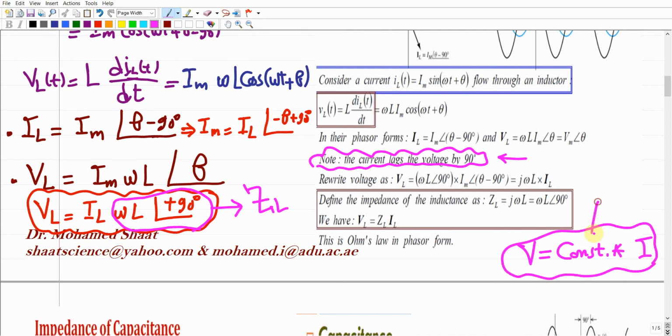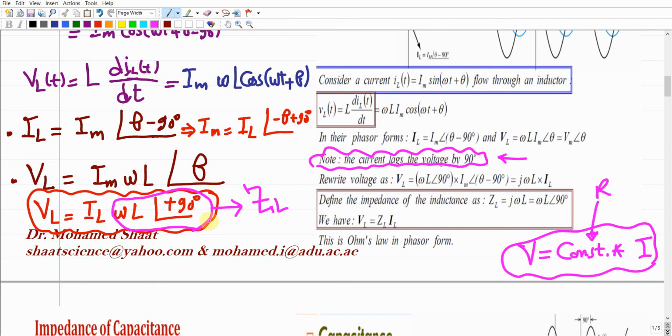If this constant is resistance, this is going to be the Ohm's law for a resistor, and this is what is commonly known about resistors, right? So it is a very similar form of the conventional Ohm's law, but this is another equivalent form for an inductor. We end up with this form when we converted the voltage form into phasor form and the current sinusoidal form into another phasor form.